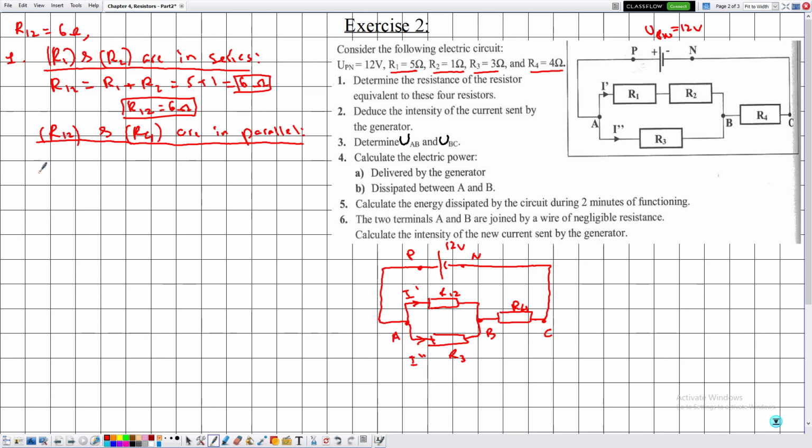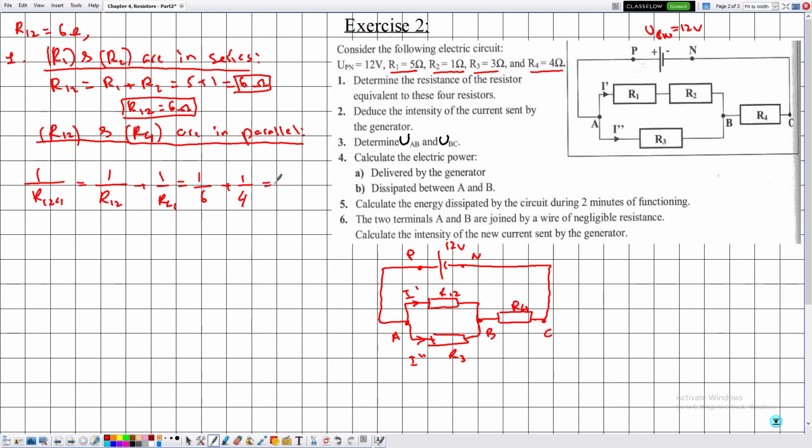So the equivalent resistance is given by 1 over R123, which is equal to 1 over R12 plus 1 over R3, which is equal to 1 over 6 plus 1 over 3.